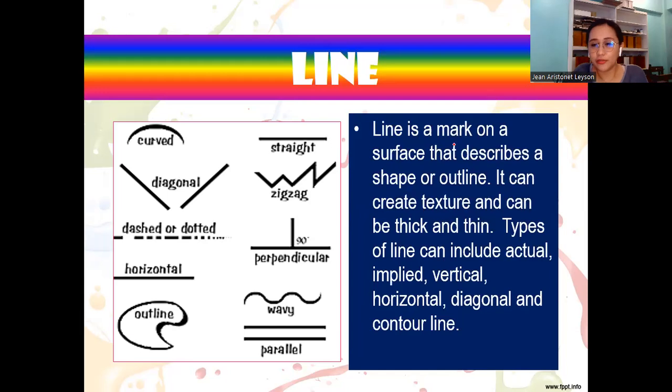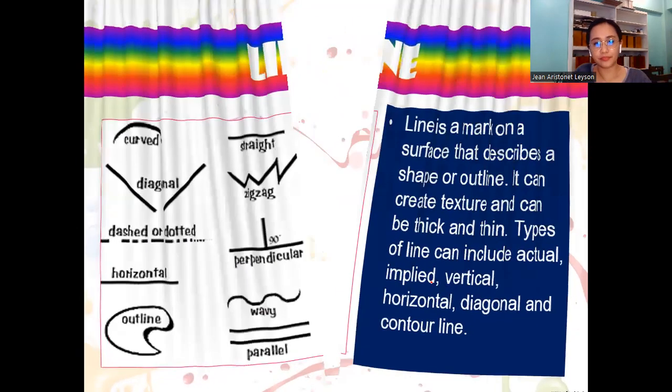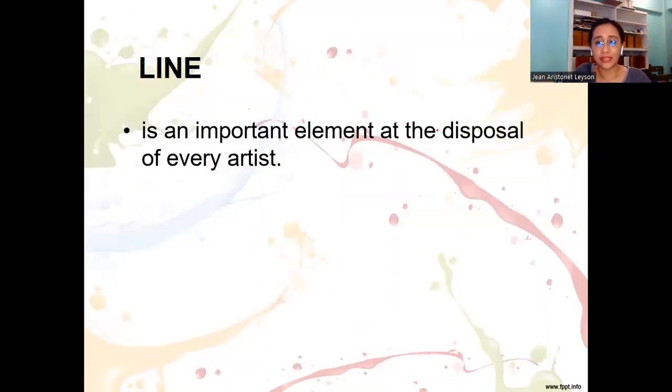By definition, line is a mark on a surface that describes a shape or outline. It can create texture and can be thick and thin. Types of line can include actual, implied, vertical, horizontal, diagonal, and contour line. Line is an important element at the disposal of every artist.